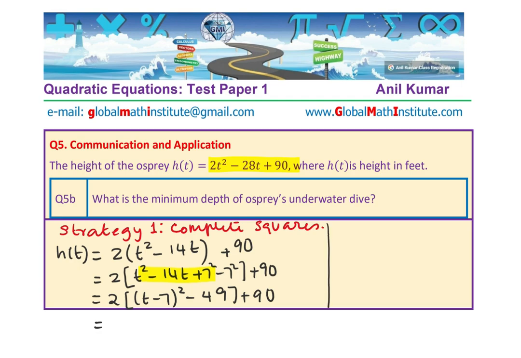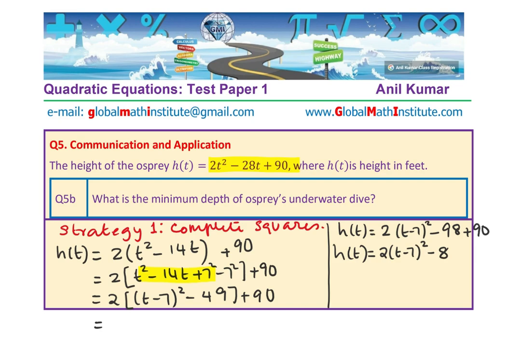So we have the height as equal to 2 times t minus 7 whole squared. Opening this bracket, 2 times 49 gives us, well, 50 would have given us 100, so it is 98, plus 90, right? So we have the height as 2 times t minus 7 whole squared minus 8. So that becomes the vertex form of this equation.